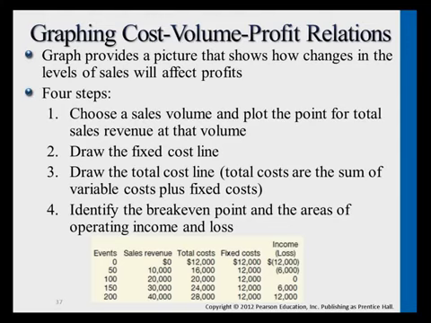First, we're going to choose a sales volume and plot the point for total sales revenue at that particular volume. So for example, if I'm looking at 200 events right here, and there are 200 per event, right? Then my sales is what? 40,000.